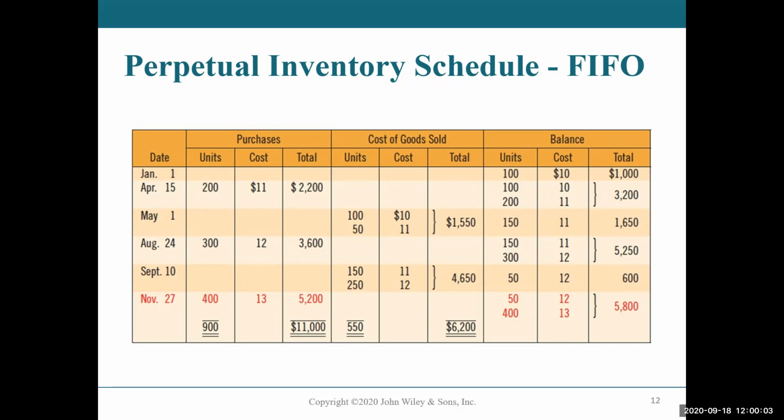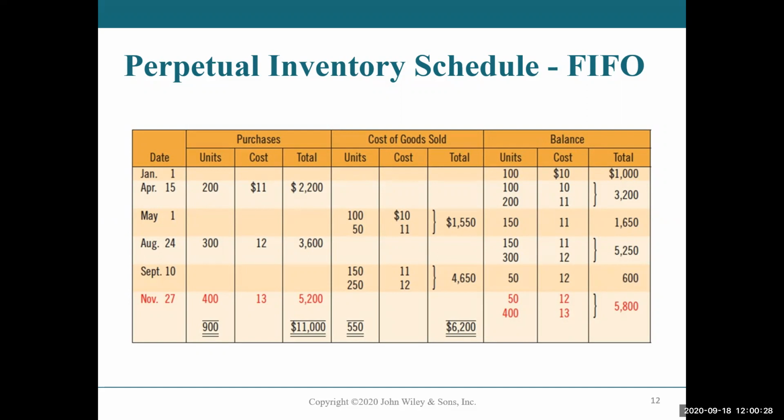So your cost of goods sold is the total of everything that you have sold during the year. The total cost related to the May 1st sale was $1,150, and the total cost related to the September 10th sale is $4,650. So in this period, we sold goods worth $6,200.